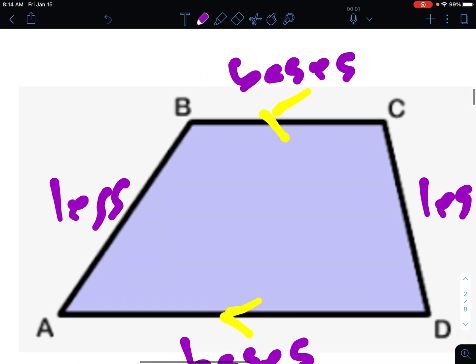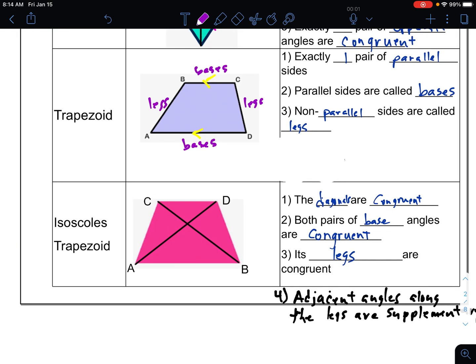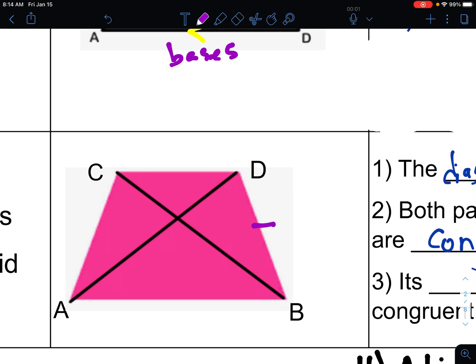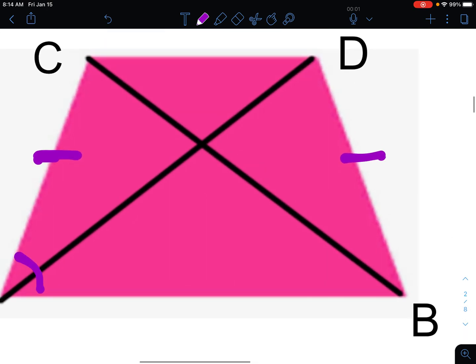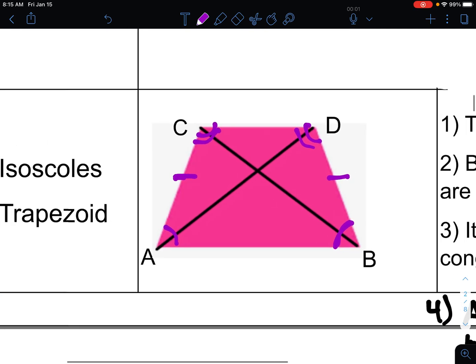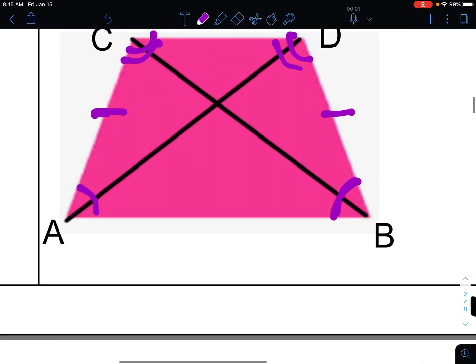If the trapezoid is isosceles, we know a couple things. We know the legs are congruent. We know that base angles are congruent, and we have another pair up top because we have two bases. We know the diagonals are congruent. So in this case, CB is congruent to, or the same length as, AD.